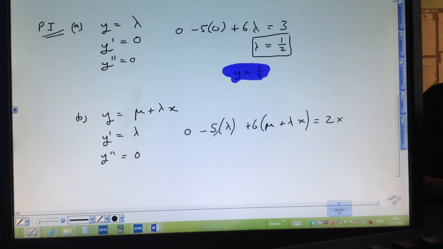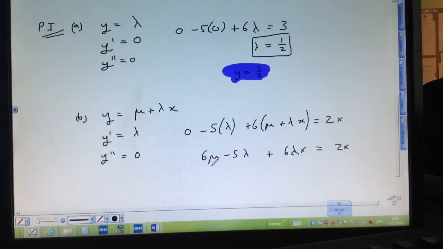Working this out, the constant bit is 6 mu minus 5 lambda, plus the x bit, which is 6 lambda x, equal to 2x.